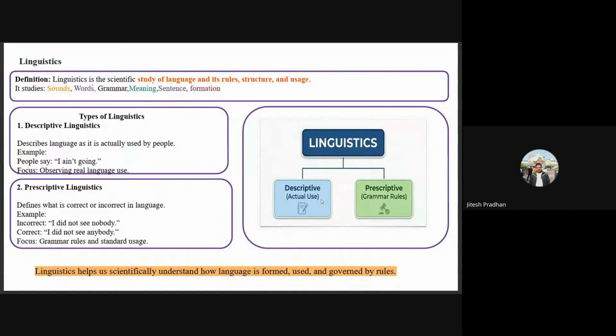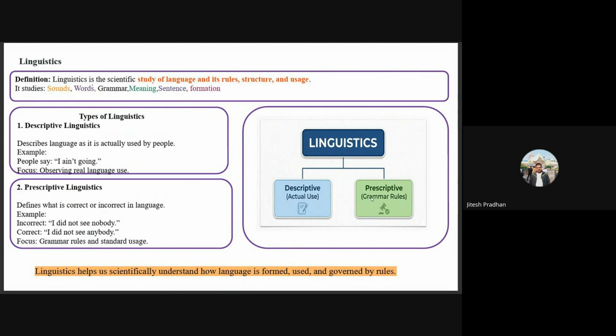Now prescriptive linguistics focuses on grammar rules. It restricts itself to the rules, so what is correct or incorrect is discussed in prescriptive linguistics. For example, "I didn't see nobody" is incorrect; the correct use is "I did not see anybody."